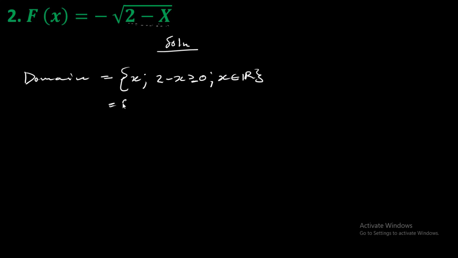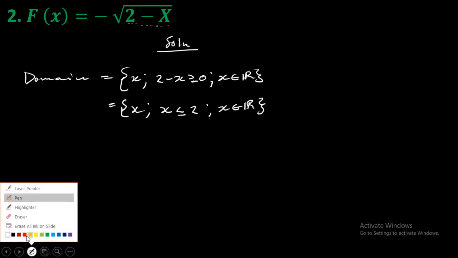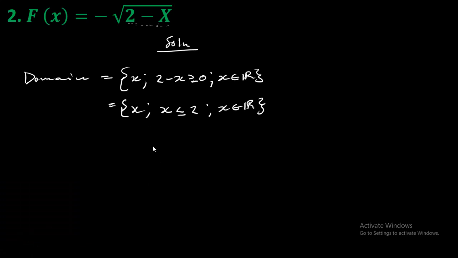Then here you can simply have x such that this will cross an equal sign, and this will give you x is less than or equal to 2, such that x is a member of real numbers. Please watch my tutorial video on how to find the domain of a radical function. I've explained this question step by step.